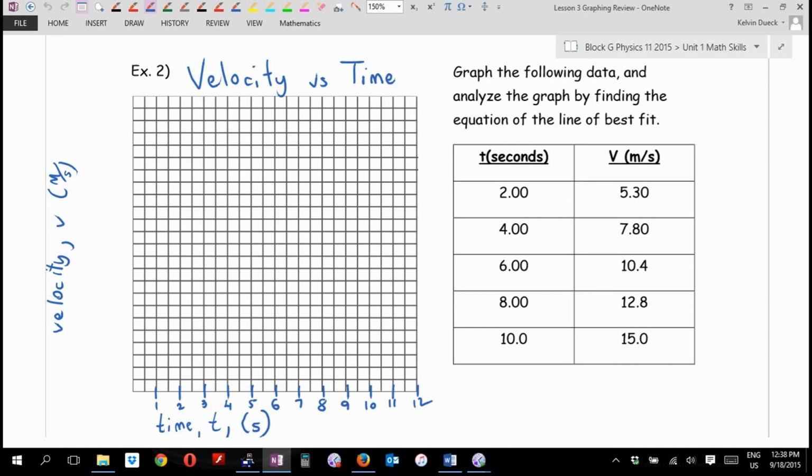If I go up by ones and I label every square, I've learned it gets very crowded. So I'm going to let each square be 1, but I'm only going to label every other square. I'm going to go like this. 2, 4, 6, 8, 10, 12, 14, 16, 18, 20, 22.